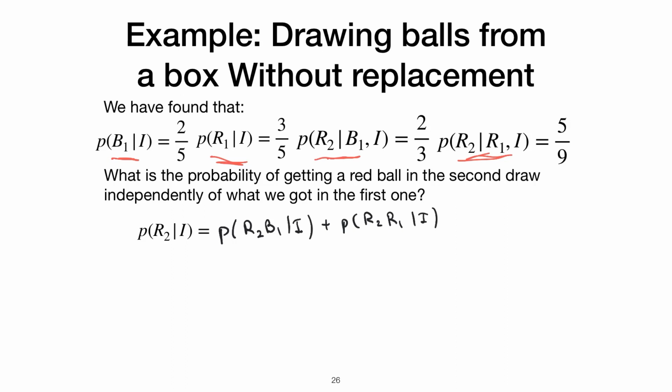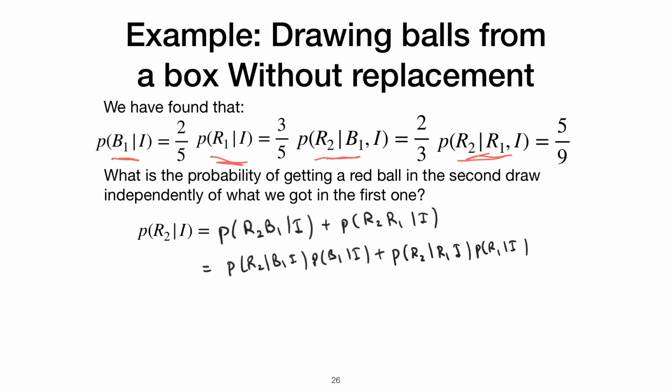And of course, these probabilities can be further decomposed into the probability of a red ball conditioned on having a first blue ball times the probability of a blue ball in the first draw, and the second one becomes the probability of drawing a red ball in the second draw, conditioned on having drawn a red ball in the first draw, times the probability of a red ball in the first draw.